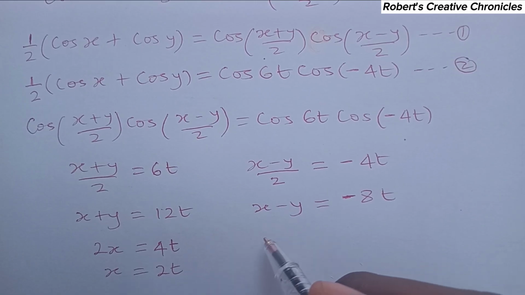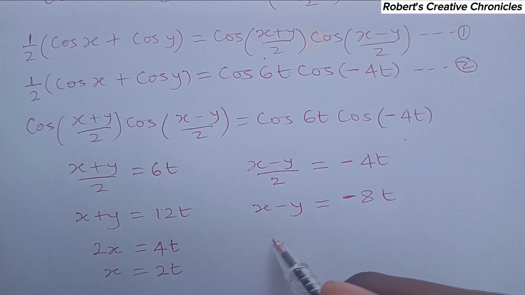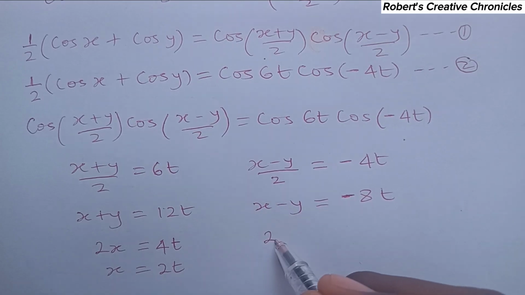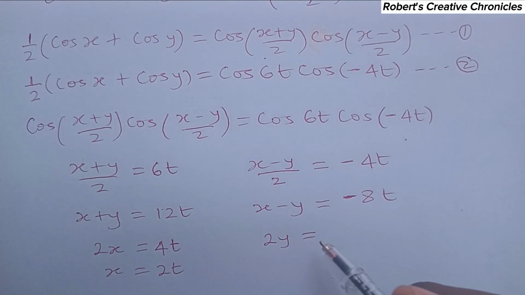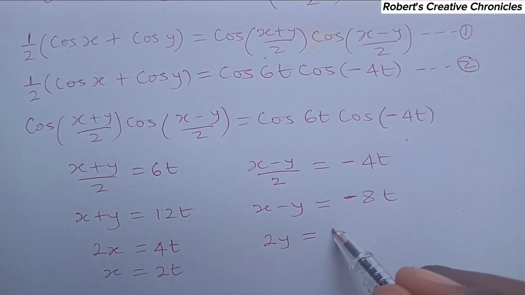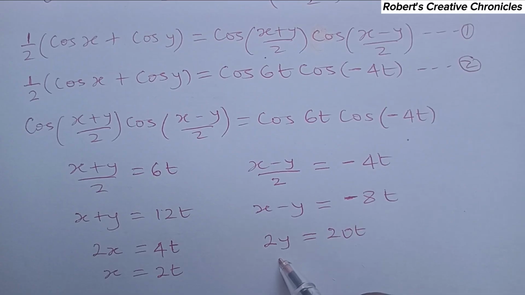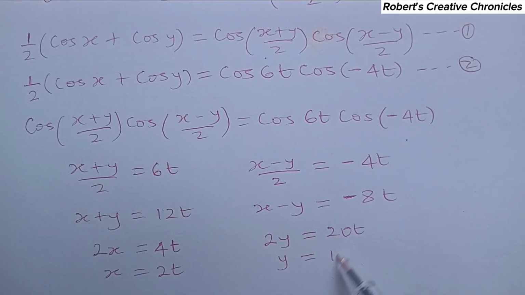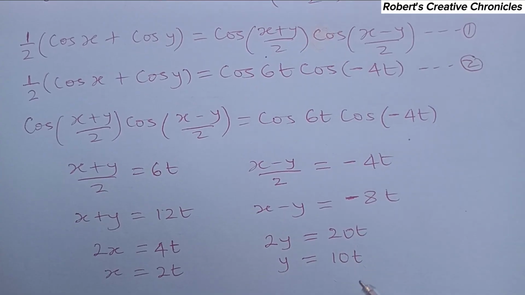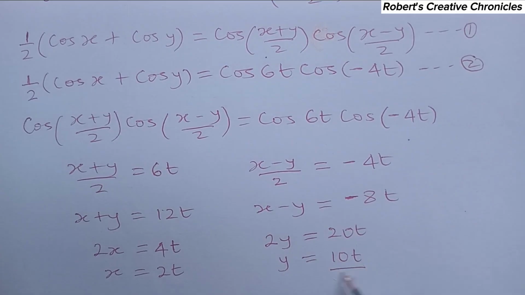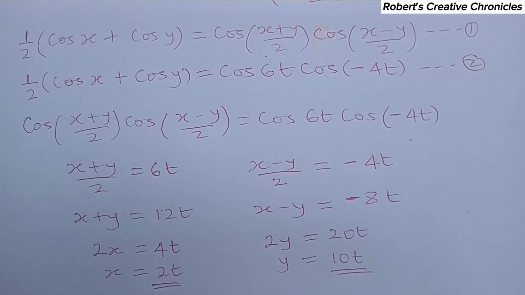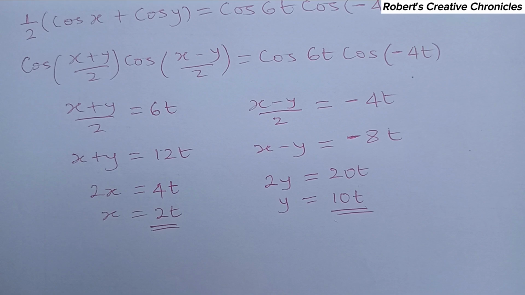If you subtract, x will cancel. It will become 2y equals 20t. So dividing both sides by 2, y is equal to 10t. So these are x and y.